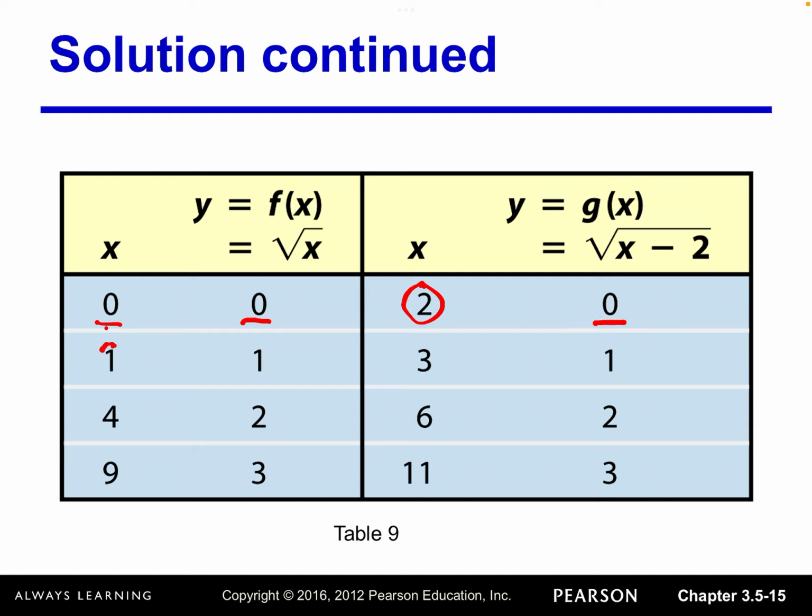You can check every point just like that. 1, shifting to the right-hand side 2 units, y coordinate remains the same. Every point, x coordinates move to the right 2 units, y coordinates remain the same. That's the point-by-point view to verify this transformation technique.